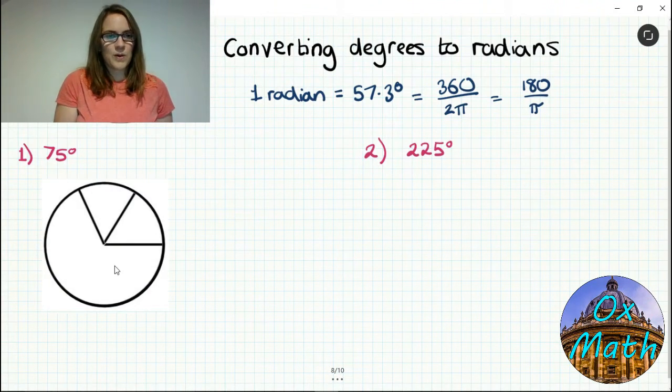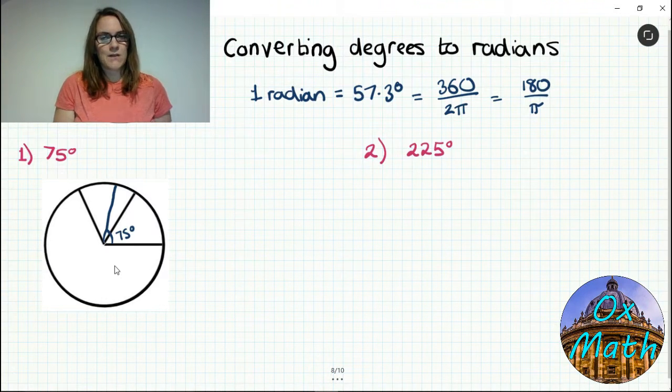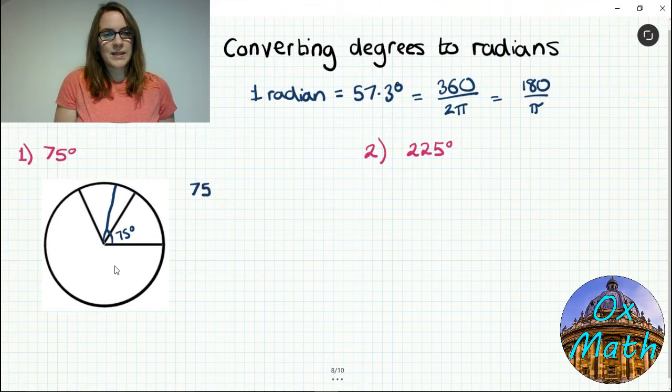So we know that 1 is 57.3 degrees, so 2 is going to be too big. It is going to be somewhere between 1 and 2. So we are expecting 75 degrees to give us an answer of 1 point something radians. What we need to do is work out how many of those radians fit into 75 degrees. So we need to do 75 divided by, this time, 360 over 2 pi.